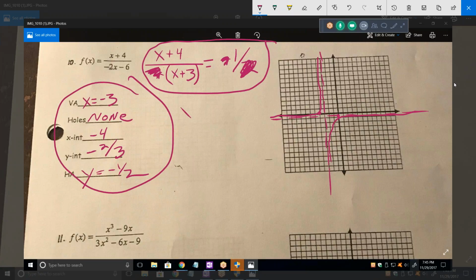So now the equation that I have to solve is this. Can we solve that? I don't think so. No. You get x plus 4 equals x plus 3, which is impossible. 4 does not equal 3. So that tells me that our function never, ever crosses the horizontal asymptote.